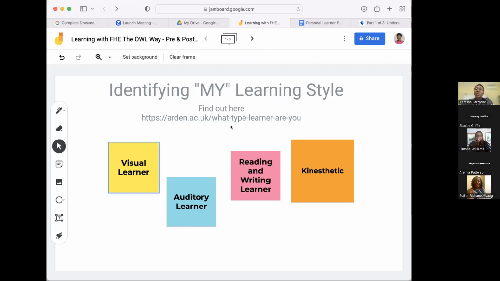All right. So what we will find is that most of the times when we do these tests regarding our learning styles, we will have various different types of learning styles coming up. Some of us are visual auditory, some of us are reading and writing, some of us are kinesthetic and auditory and so forth. But normally we say to students, which one is your dominant learning style?